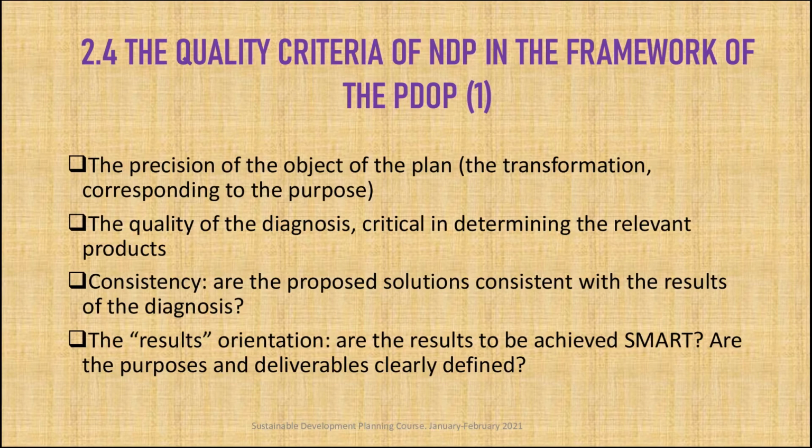The result orientation also is a critical criterion, and it's a way of answering two major questions. First, are the results to be achieved SMART? Are the purposes and deliverables clearly defined?